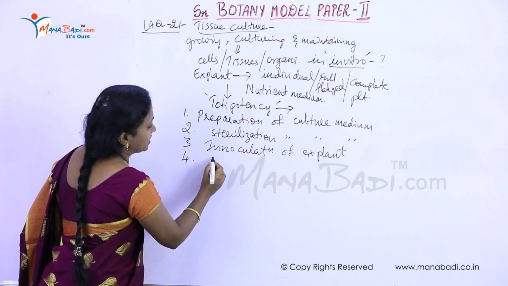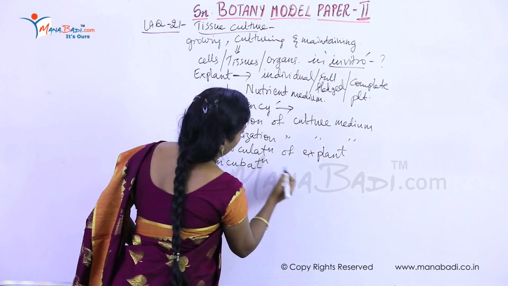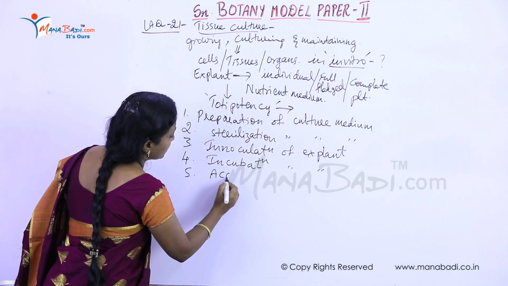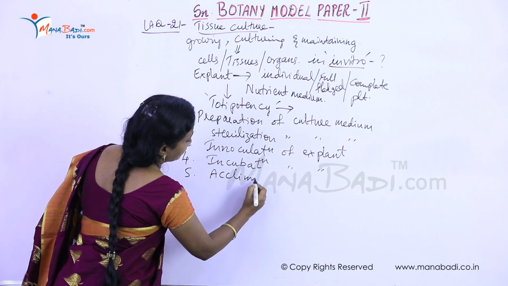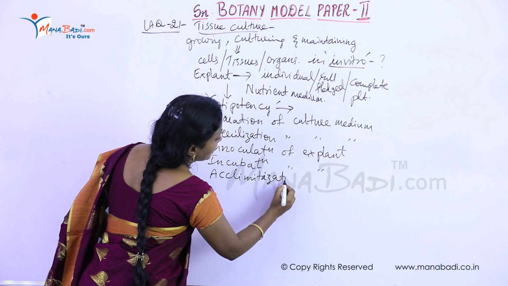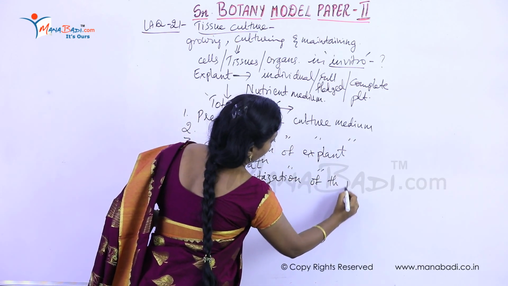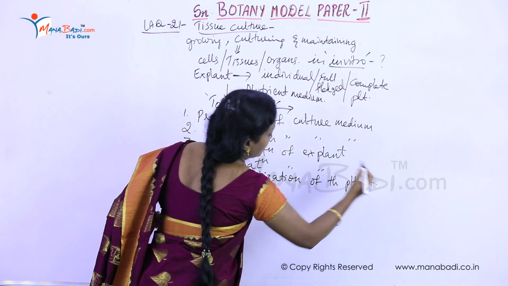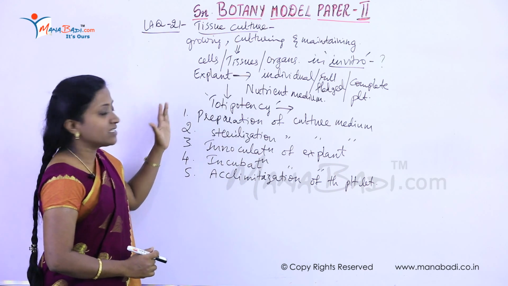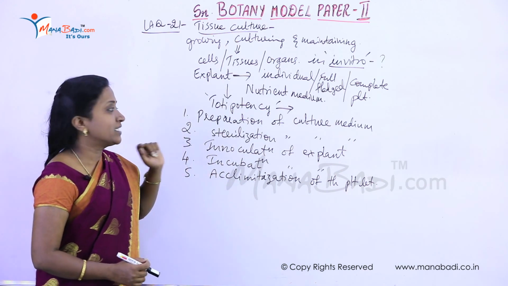The next step is incubation of the explant. And the last step is acclimatization of the plantlet which is formed. So these are the 5 steps under tissue culture which we have to discuss.